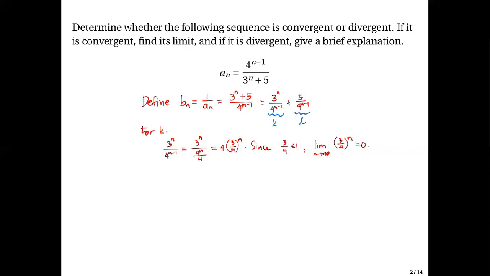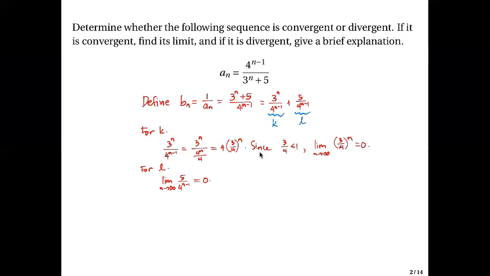Also, for L, definitely if we find the limit of 5 over 4 raised to n minus 1 as n approaches infinity, the numerator is constant, the denominator goes to plus infinity, so this is also equal to 0.